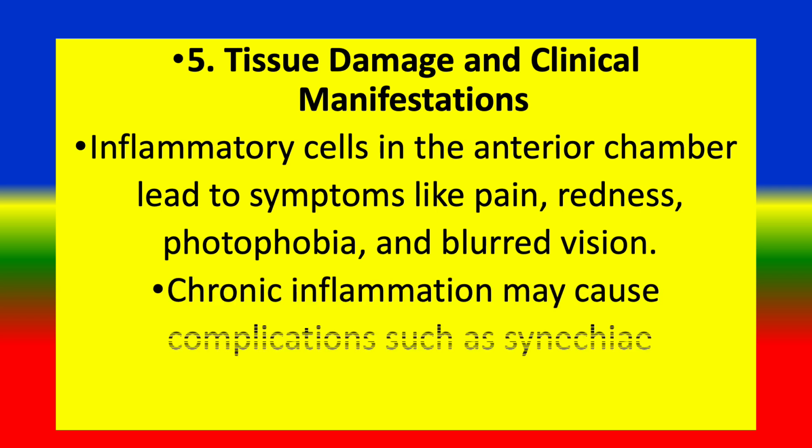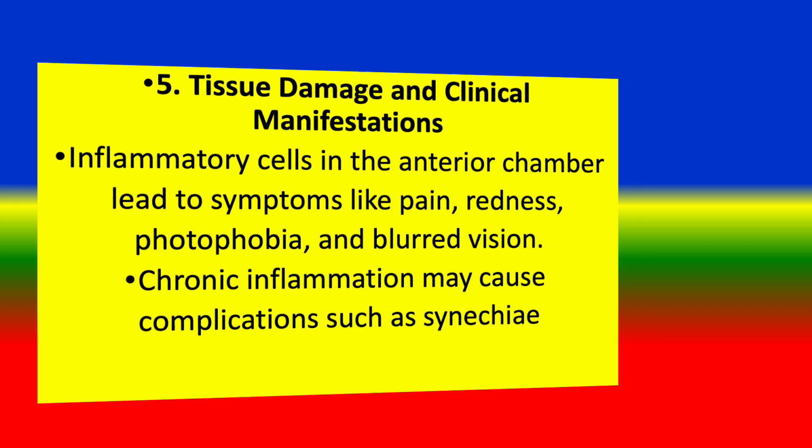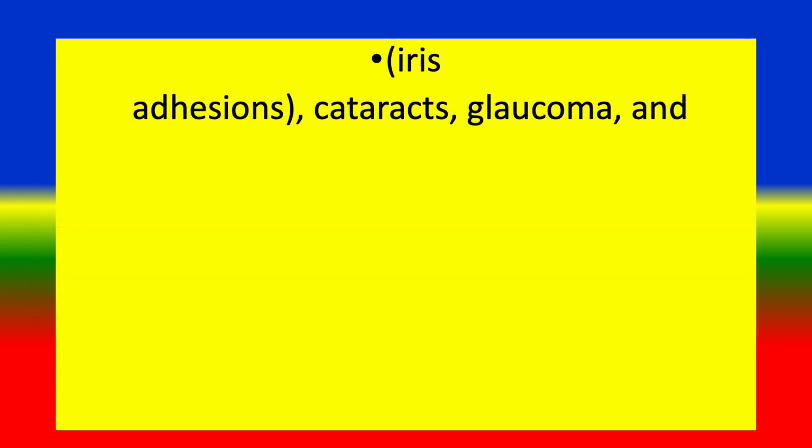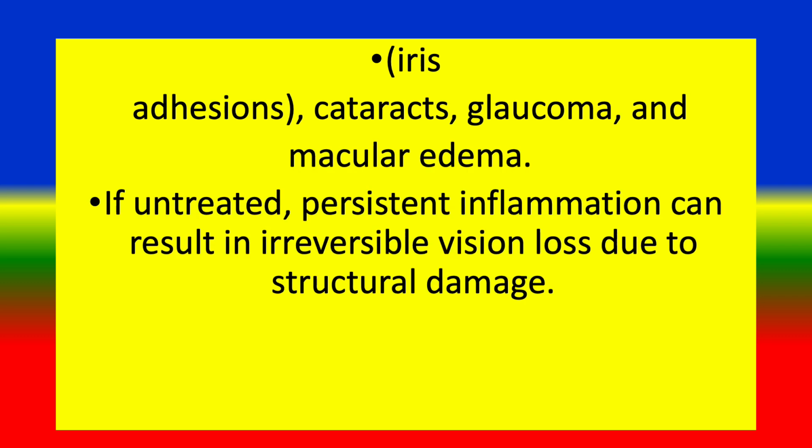Chronic inflammation may cause complications such as synechiae, iris adhesions, cataract, glaucoma, and macular edema. If untreated, persistent inflammation can result in irreversible vision loss due to structural damage.